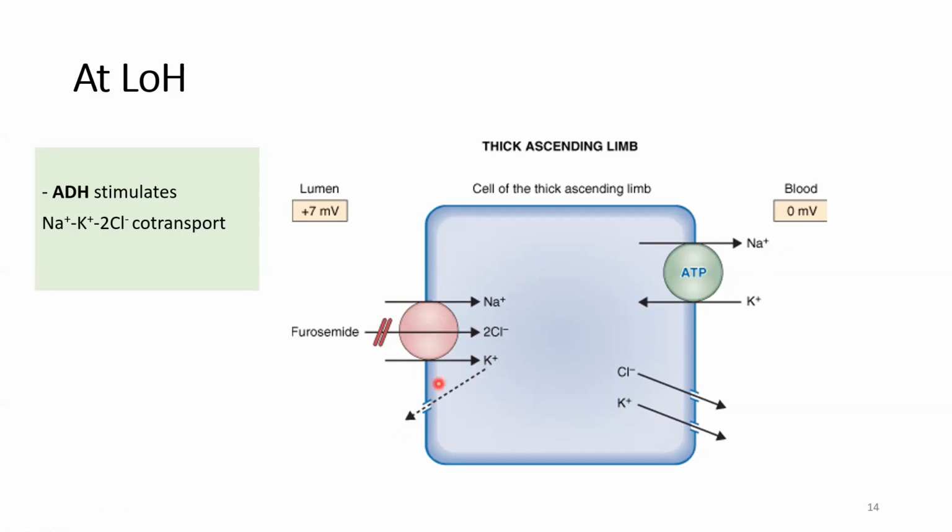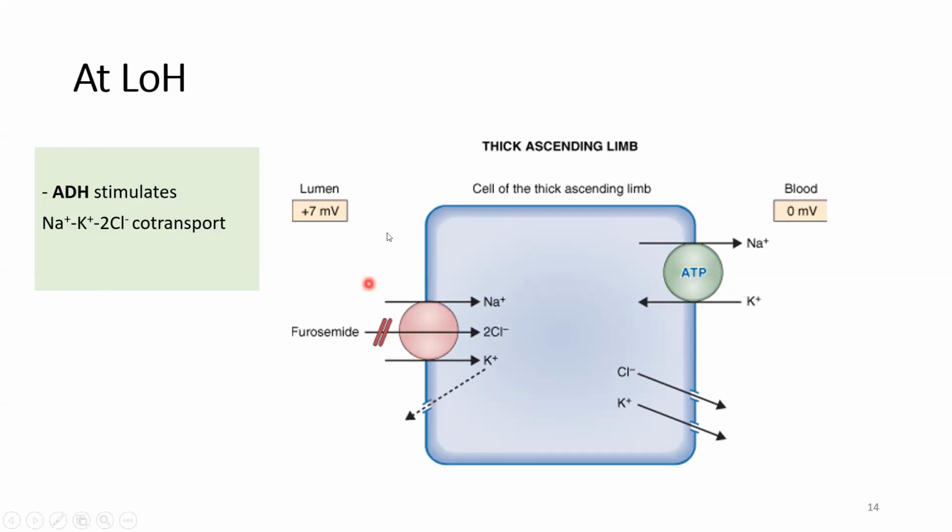The second point to note here is that sodium is reabsorbed without water. This is the single effect. This segment of the nephron, the thick ascending limb of the loop of Henle, is where the single effect takes place. Sodium is reabsorbed, but water is not allowed to follow it, because the cells here are not permeable to water.